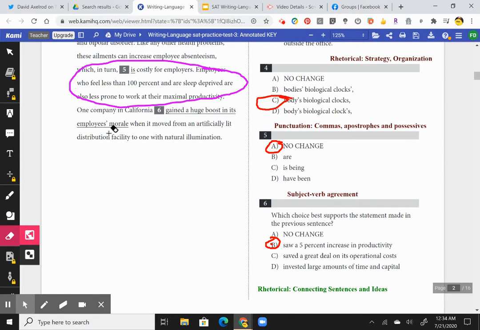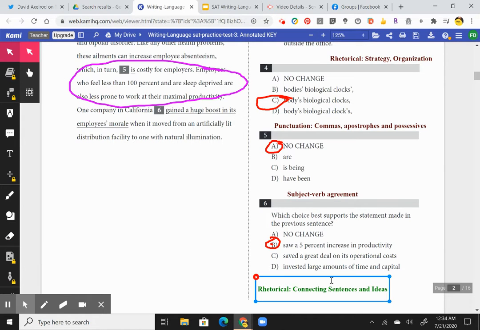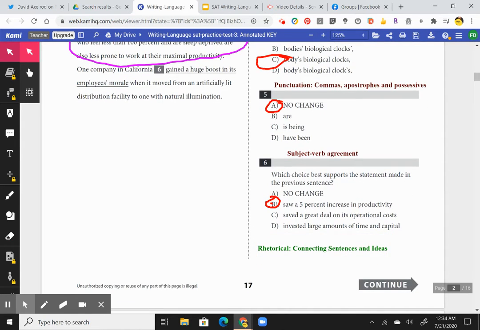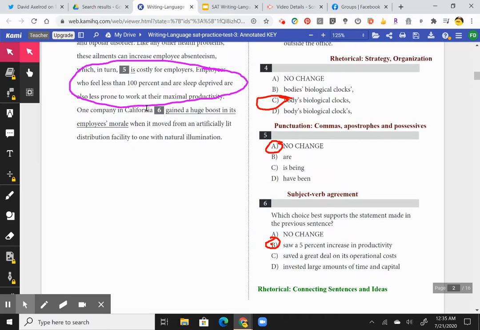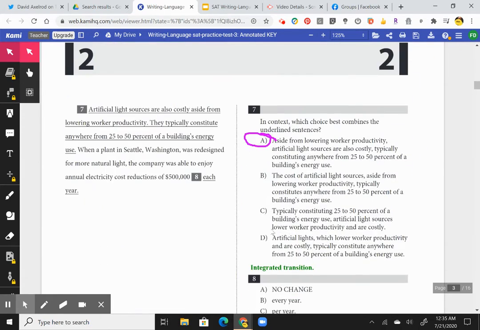One company in California gained a huge boost in employee morale. So we want something like employees saw a 5% increase in productivity, which would best support that sentence. Again, rhetorical, connecting sentences and ideas. Another rhetorical type of question where you have to go back and look at the previous sentence.